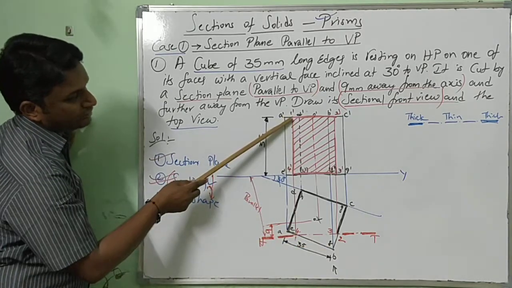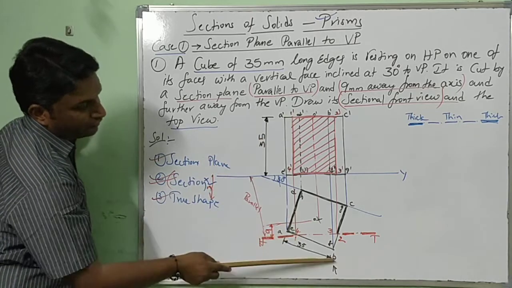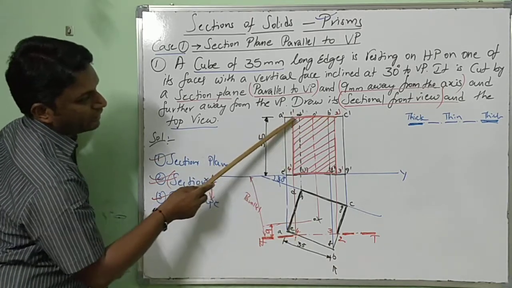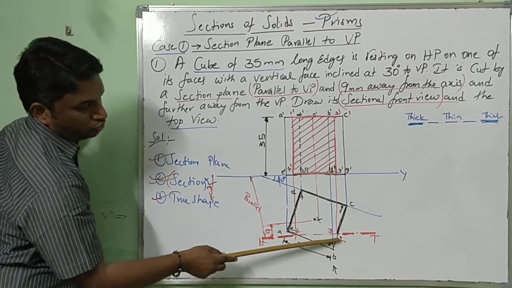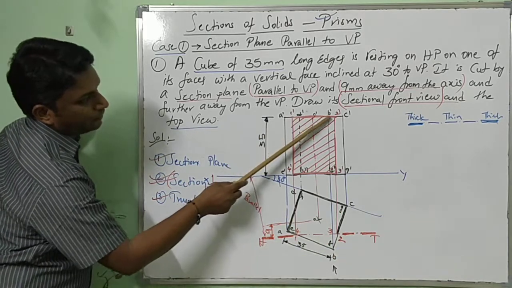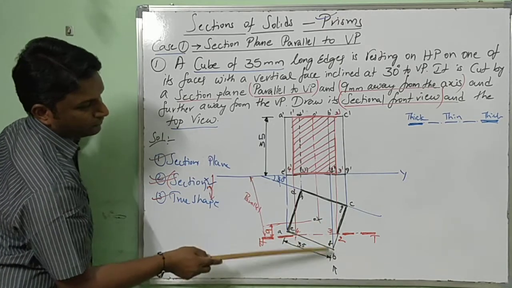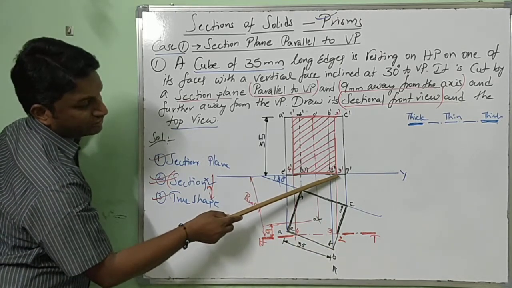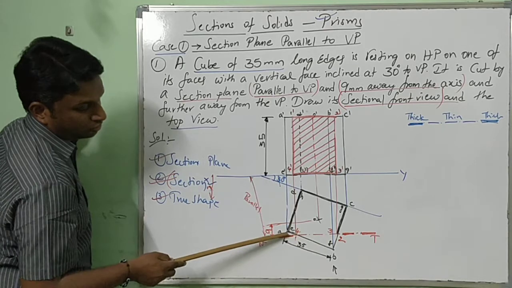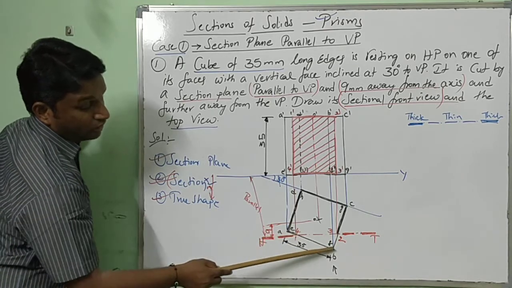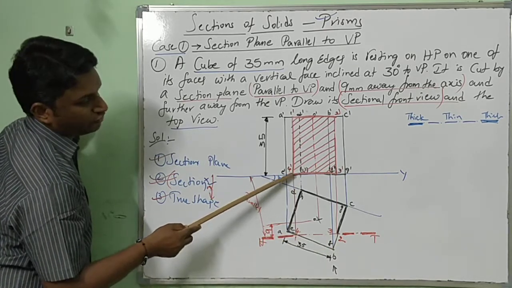The vertical lines here: 1 is in between AB, A dash, B dash, 1 dash. 2 in between BC, B dash, C dash, 2 dash. 3 in between FG, F dash, G dash, 3 dash. 4 is in between EF, E dash, F dash, 4 dash.